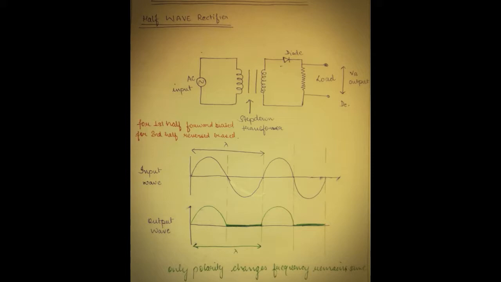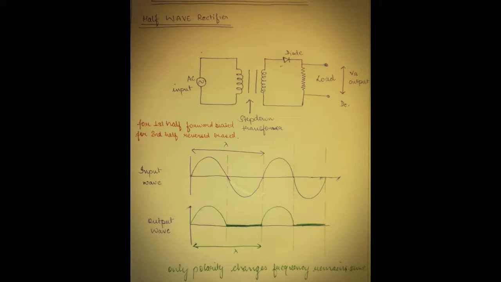So let's talk upon half wave rectifier. For the positive half cycle, diode is in the forward condition, and hence current will flow through the load, and hence we will get an output.